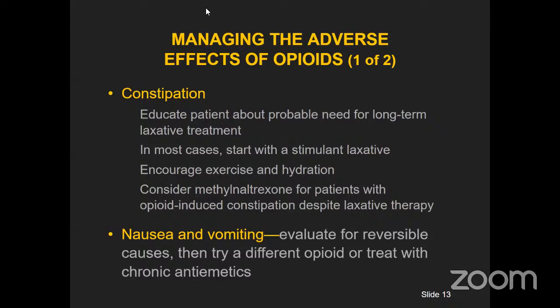Managing the adverse effects of opioids. Constipation: educate patients about the probable need for long-term laxative treatment. In most cases, start with a stimulant laxative. Encourage exercise and hydration. Consider methylnaltrexone for patients with opioid-induced constipation despite laxative therapy.